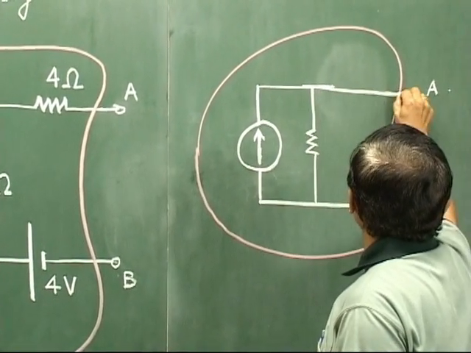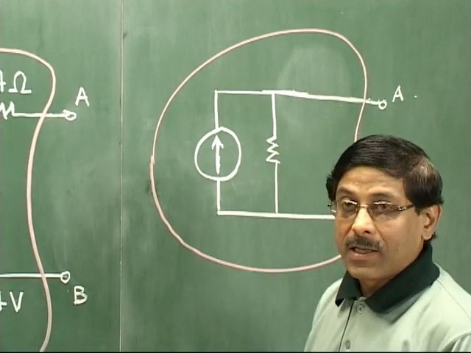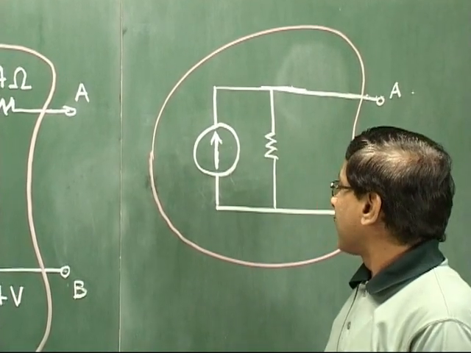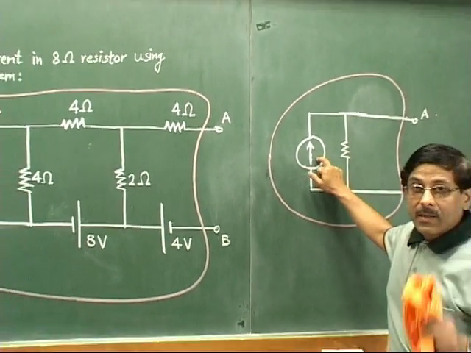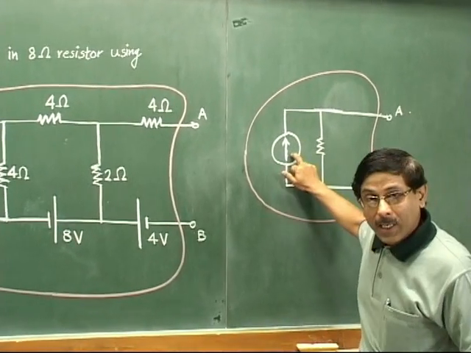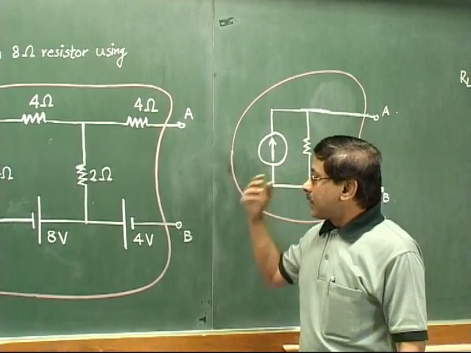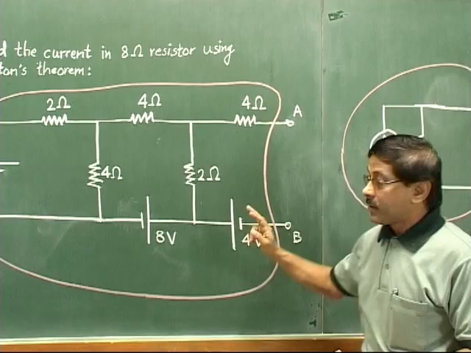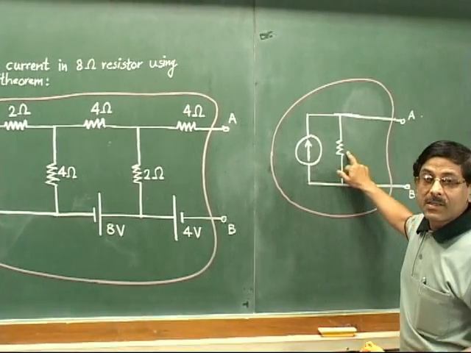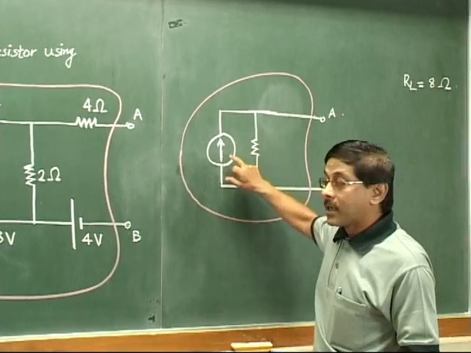This is the central idea of Norton's theorem. Norton suggested that we convert this entire circuit into a single equivalent current source, and represent the entire passive network as some resistance shown in parallel to the current source.